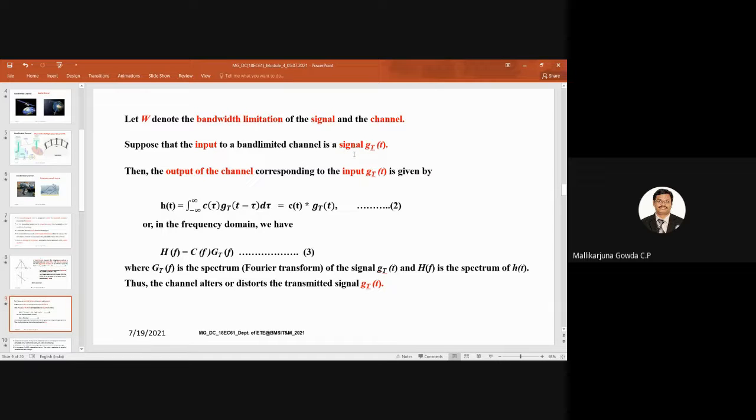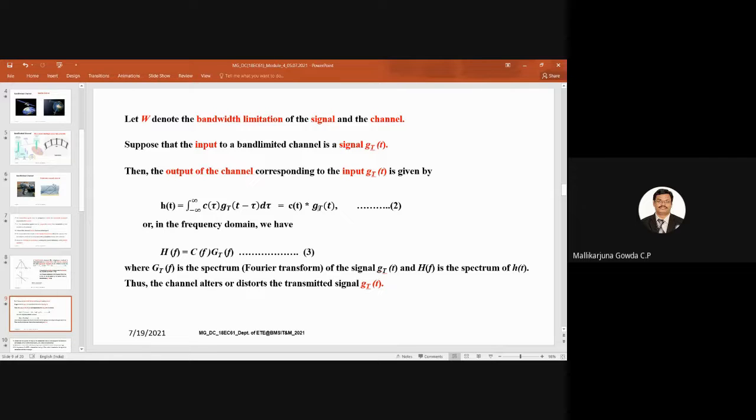When I apply that as input to the LTI system, which I am making as a channel, the output of that LTI system will be what? The convolution of the input and the impulse response of the channel, right? So we know how to write the convolution of two signals. C of t is the impulse response of the channel, and g_T of t is the input signal. So the convolution of those two signals will be the output of that channel.